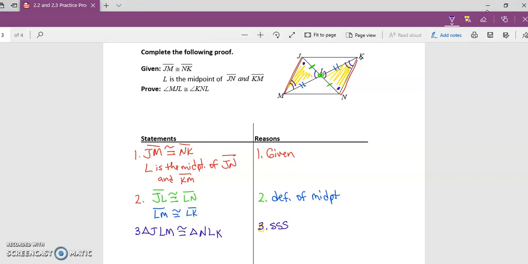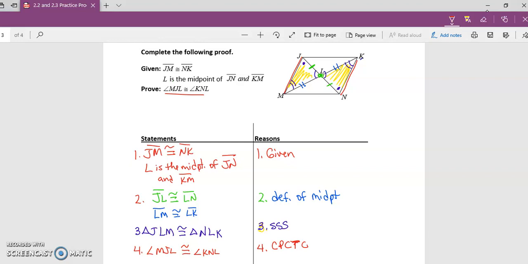Now that's not what they asked us to prove. They're asking us to prove angle MJL is congruent to angle KNL. But because I have congruent triangles, I can use corresponding parts of congruent triangles are congruent.